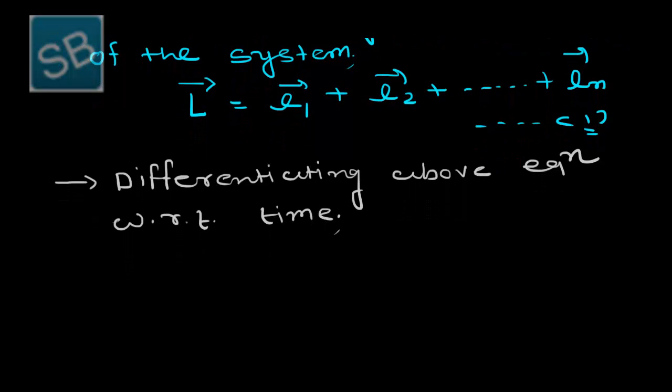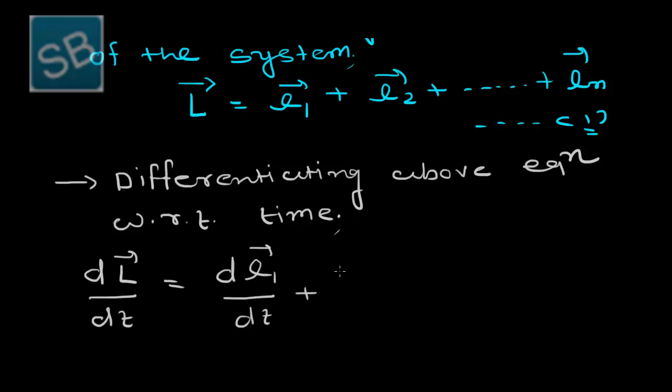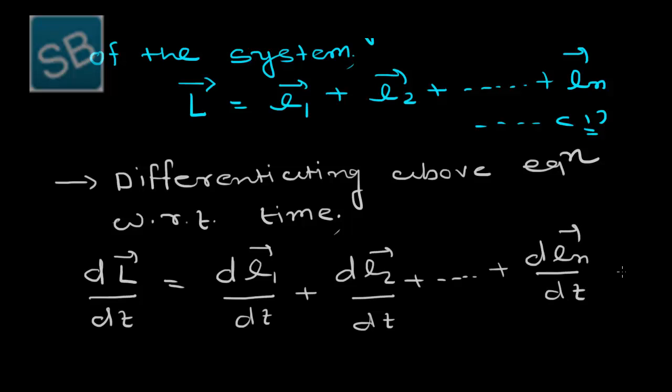So the left hand side will be dL by dt, that is equal to dL1 vector by dt plus dL2 vector by dt plus so on up to dLn vector by dt. But as per the relation we have obtained in the above analysis, dL by dt, the rate of change of angular momentum with respect to time, is the torque.